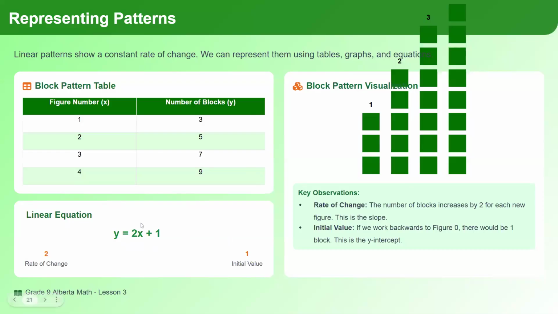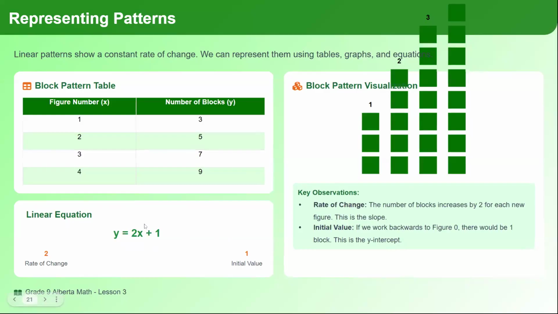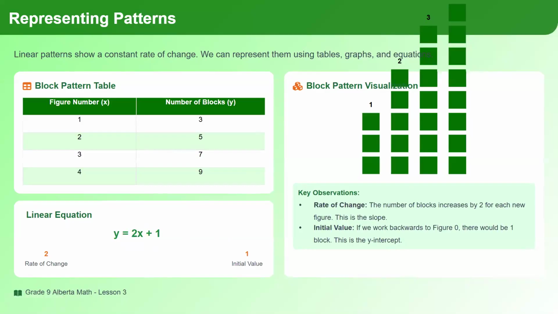So where do we get these numbers from? Do any of you guys have an idea of where we get these numbers from and how we get these numbers? Do any of you guys know where these numbers come from?